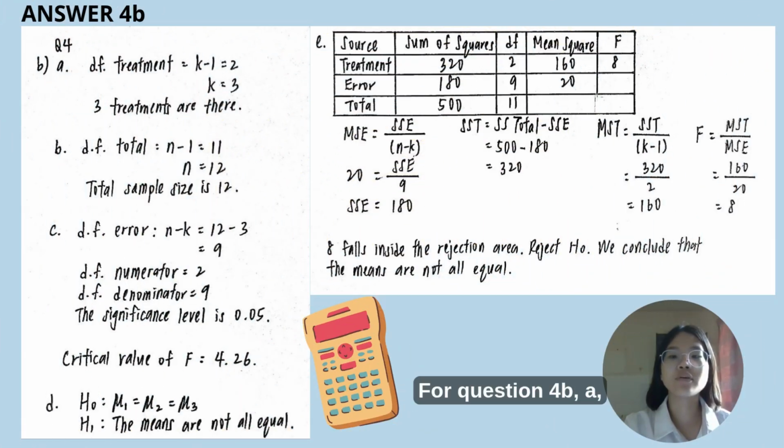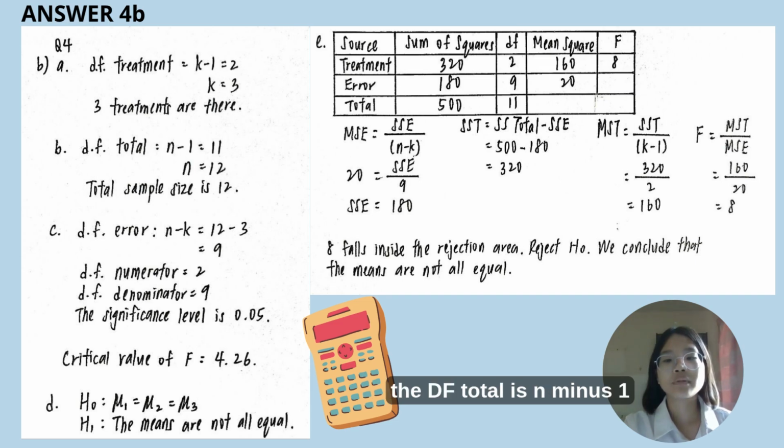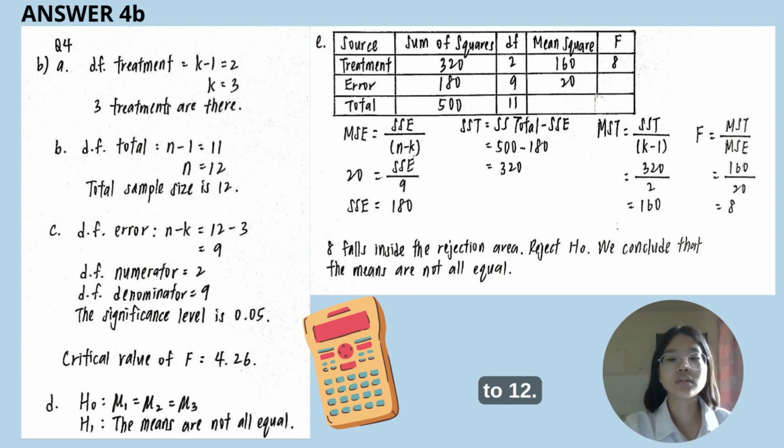For question 4b, A, the DF treatment is k minus 1 equal to 2, so k equal to 3. 3 treatments are there. B, the DF total is n minus 1 equal to 11, so n is equal to 12. Total sample size is 12.